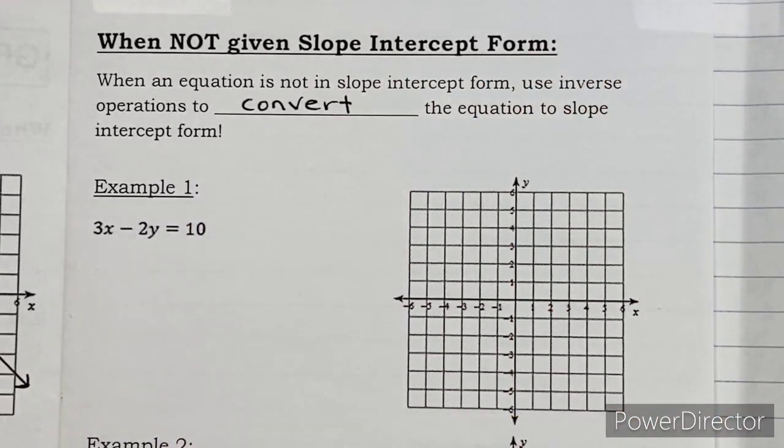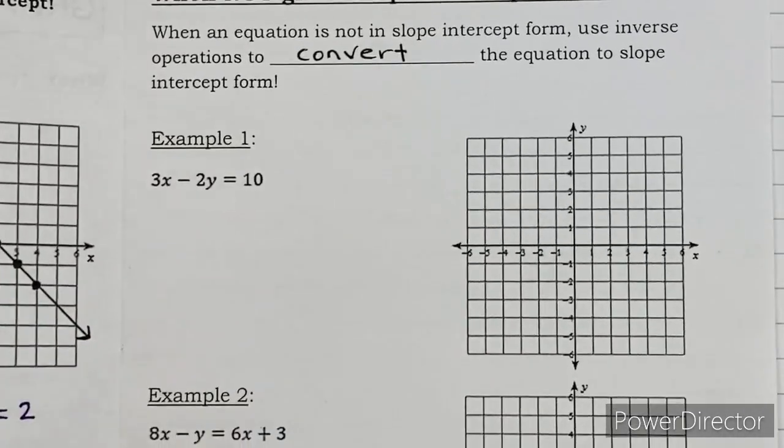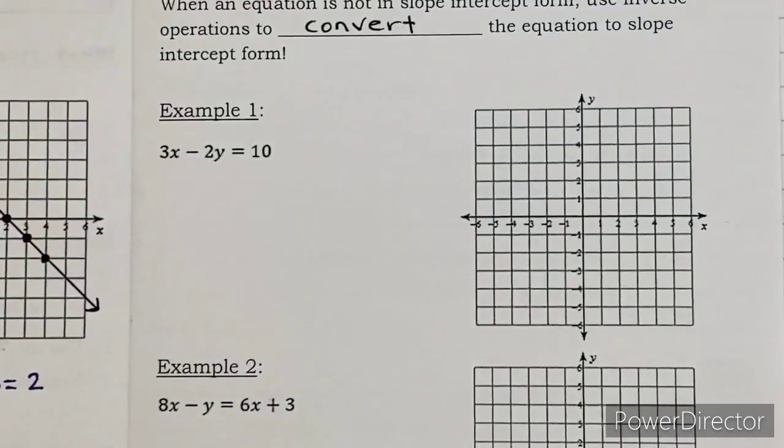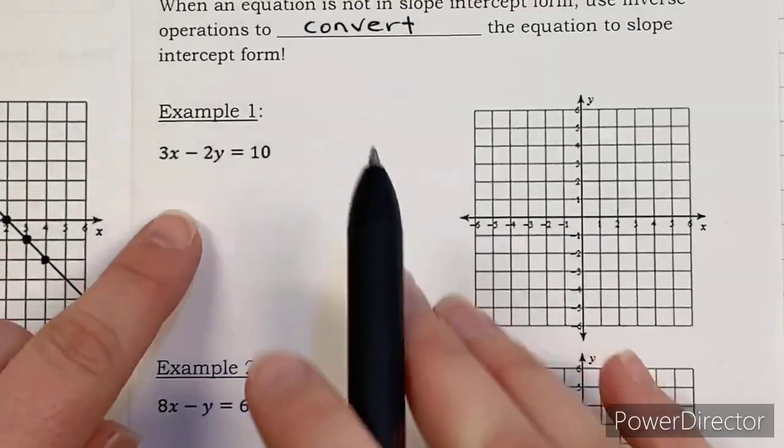So that statement right there means if it is not in slope-intercept form, just fix it. Use inverse operations to convert it to slope-intercept form. Not a big deal. Normally it takes 1 or 2 steps depending on how the equation looks, but it's super simple. So I'm going to do example 1 and 2 with you, and then I'll let you do example 3 on your own. So look at example 1.